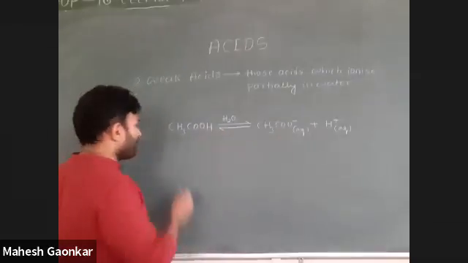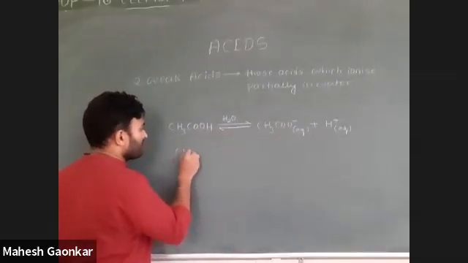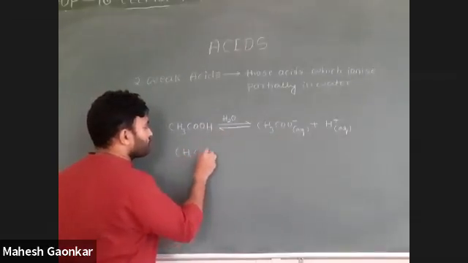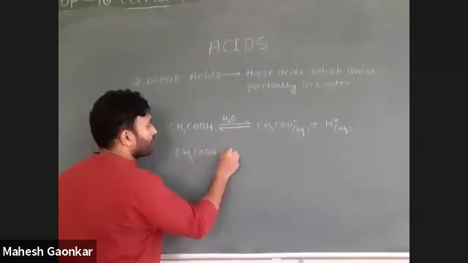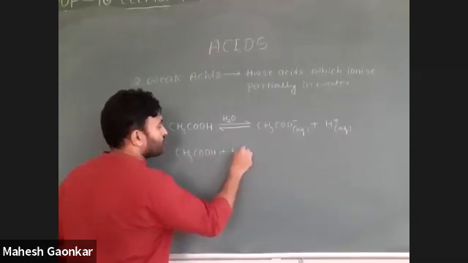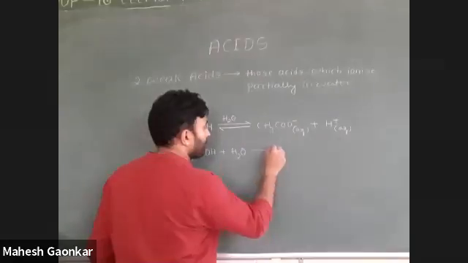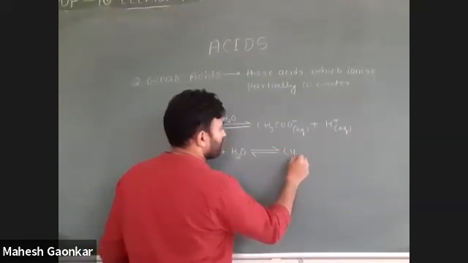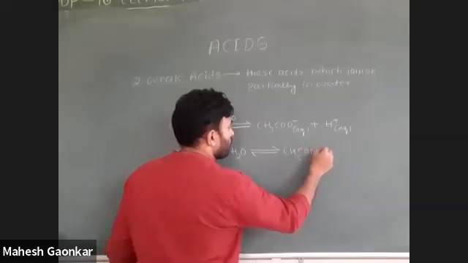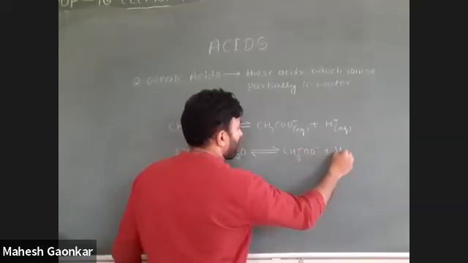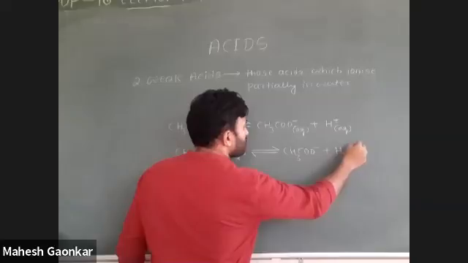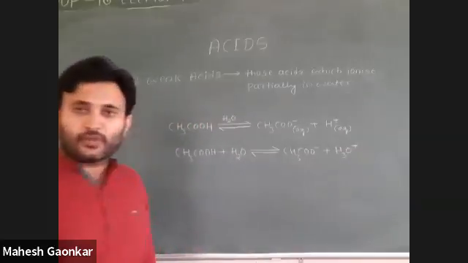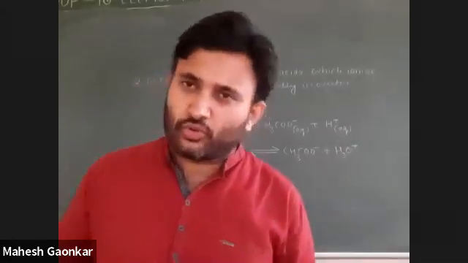ಇದನ್ನ ಇನ್ನೊಂದು ತರ ನಾವು ಬರೆಯಬಹುದು. CH3COOH plus H2O gives CH3COO minus plus H3O plus. H plus ಅನ್ನು ನಾವು H3O plus ಅಂತಾನೂ ತೋರಿಸಬಹುದು.